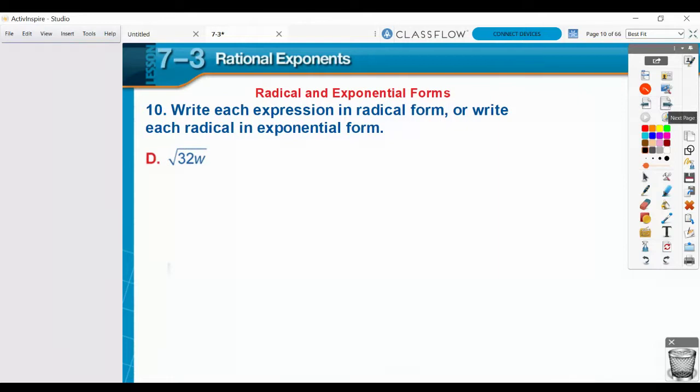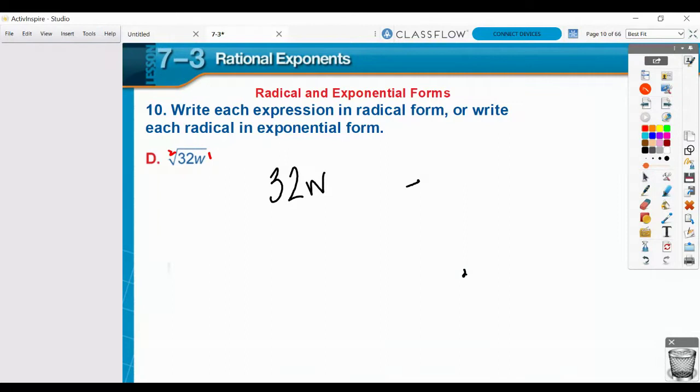Okay, for this example, you have the square root of 32w. Since the 32 and the w are both underneath the radical, then the exponent goes with both of those. So we can write 32w, and then technically, remember, there's going to be a 1 and a 2 written here.